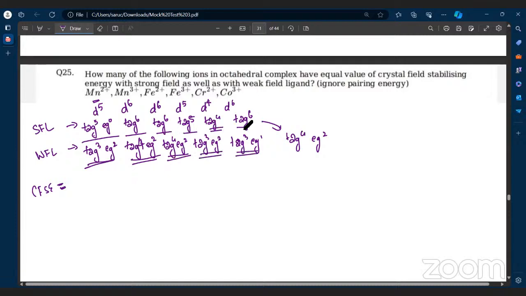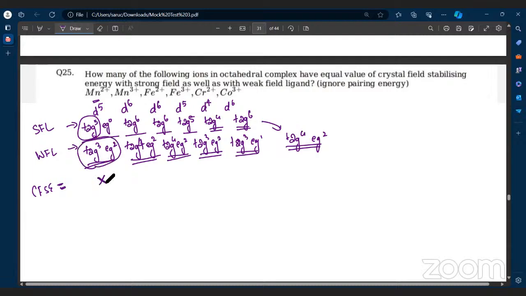So is the CFSE going to remain the same for both strong field and weak field, ignoring the pairing parameters? No, right? If you do the CFSE calculation for t2g5 and t2g3 eg2, it is not going to be the same.